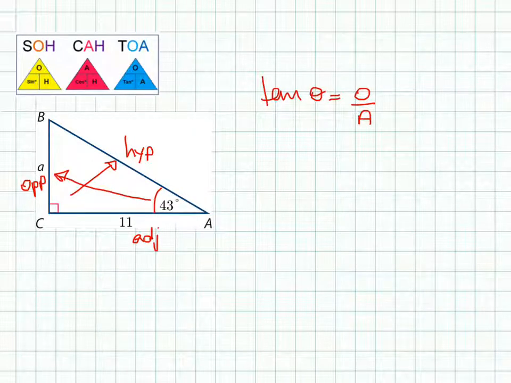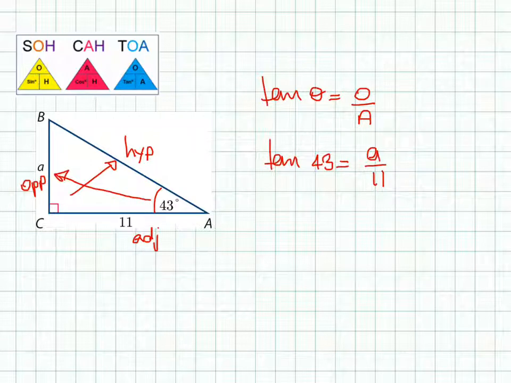Theta is the representation of my angle, so that's going to be my angle. So I'm going to now say tan of 43 is opposite, which is A, over my adjacent side, which is 11. So A over 11.